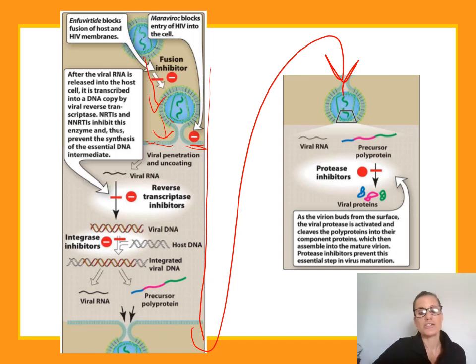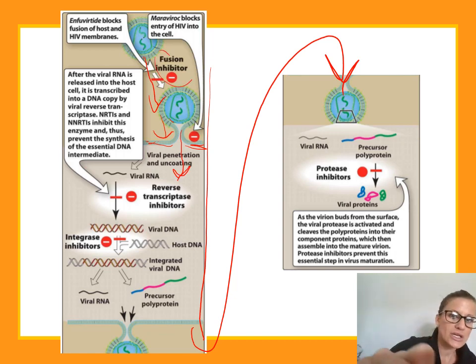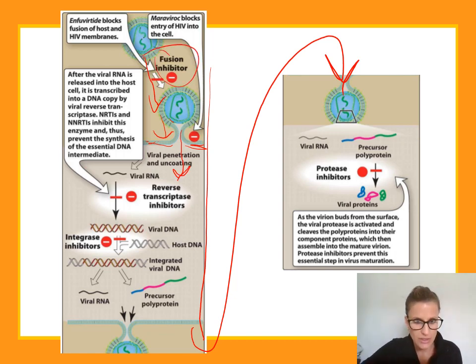That fusion is required in order for the HIV to enter into the cell. Well, a fusion inhibitor prevents that fusion. And then it goes through the whole process once the virus has penetrated into the cell.